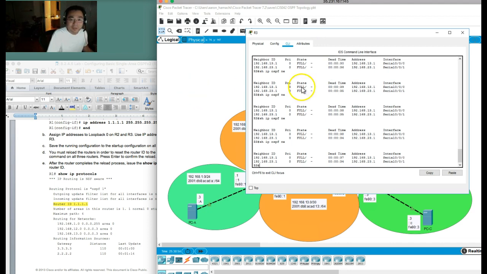Well, maybe, well, as you saw on the physical lab, you were able to reset the process and reset the neighbor IDs. So I'm going to pause it right here while I reload the routers.